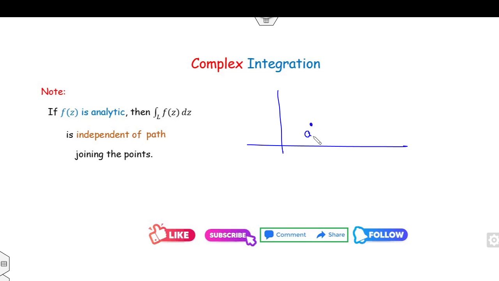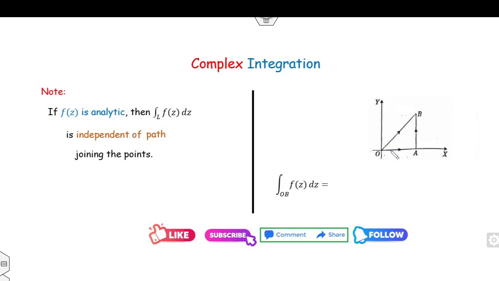If you start from A and reach point B, one path is A to B, and the second way you can move in this manner. If I say this is path 1 and this is path 2, then the integration over path 1 and the integration over path 2 from A to B are always the same. That means they are independent of the path joining them.